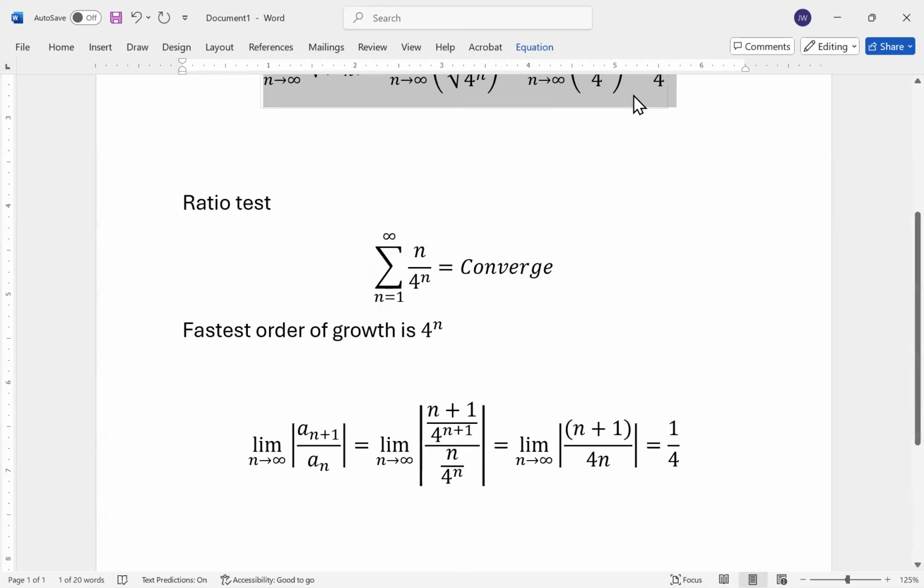So either of these tests work in this scenario, and you can just pick which one you want to utilize. Probably in this scenario, I would have picked the ratio test and done it in the informal way and said the fastest order of growth is exponential. It's in the denominator, so the thing converges.